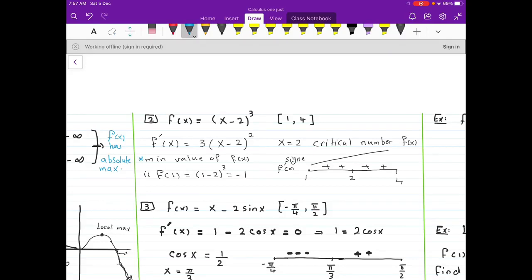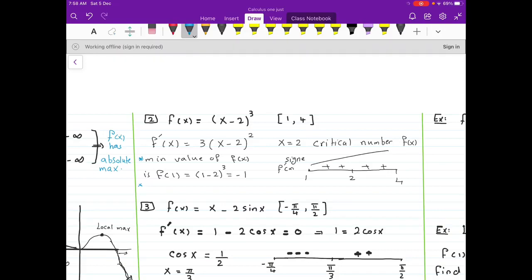And what is the maximum value? Note that the function is continuous on a closed interval, so surely it has a max and a minimum. But if this function were defined on R, there would be no max and no minimum.